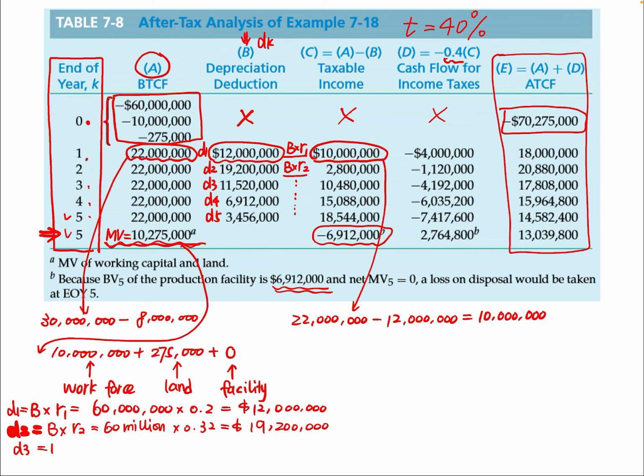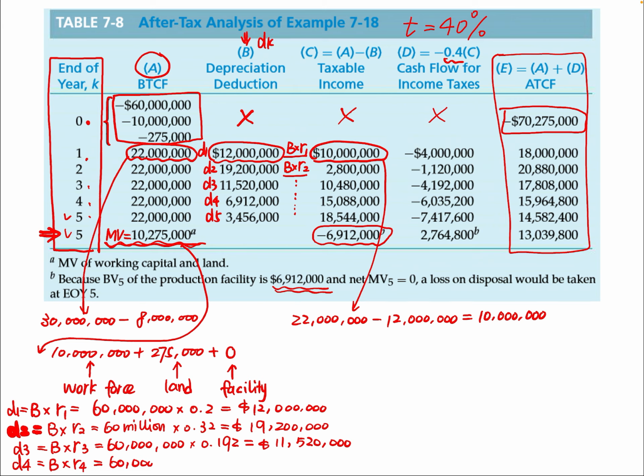And D3 is B times R3, which is 60 million times R3. If you go back to check the table, R3 is going to be 0.192. So that will give you 11,520,000.